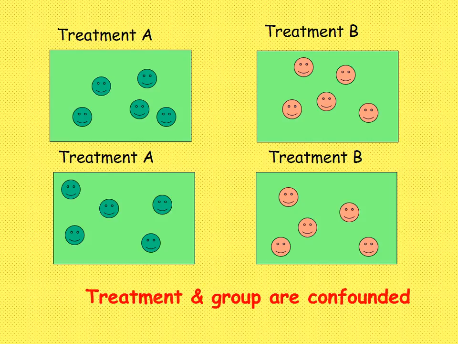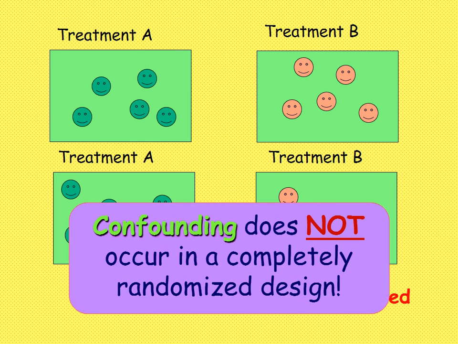In this case, treatment and group are confounded because the males get treatment A, the females get treatment B. We don't know if the response is based on gender or based on the treatment. So that would be the problem in that situation.